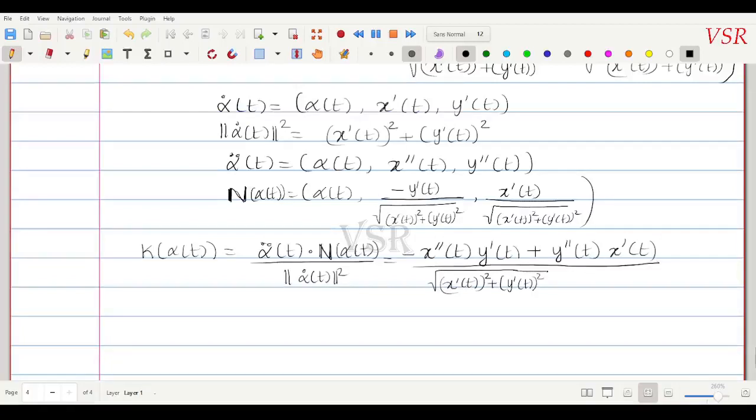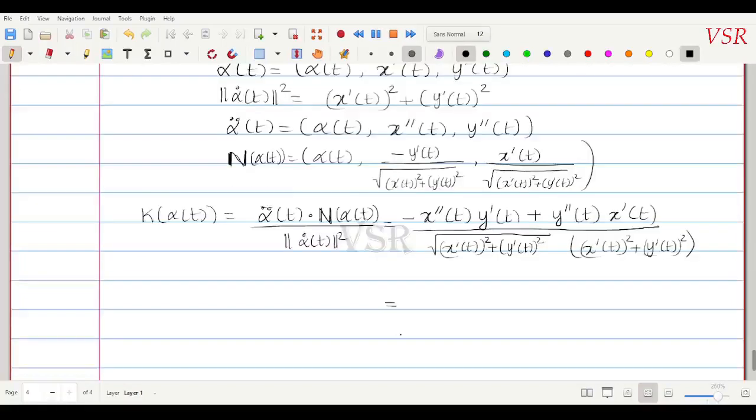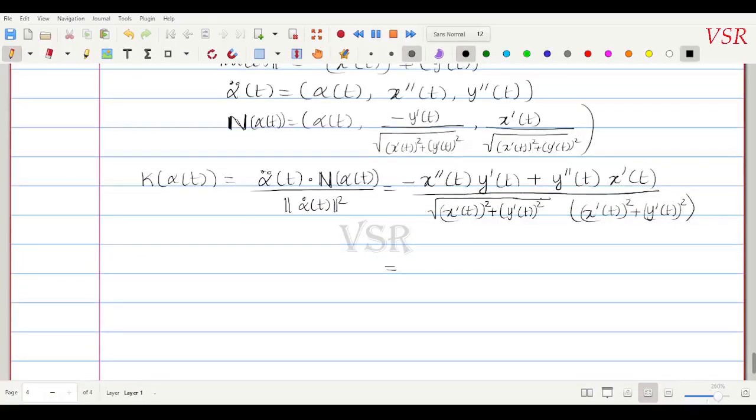Okay, இது into denominatorல இங்க ஒருத்தர் இருக்கான், அவன் யாரு? alpha dot of t the whole square, that is x dash of t the whole square plus y dash of t the whole square. அப்போ இப்போ தனியா எழுதிடலாம். இங்க மைனஸ் இருக்கிறதுனால இதை முதல்ல எழுதிக்கிறேன்: x dash of t into y double dash of t minus x double dash of t into y dash of t, divided by இதுக்கு power 1 by 2, இதுக்கு power 1. அப்போ 1 by 2 plus 1 is equal to 3 by 2.